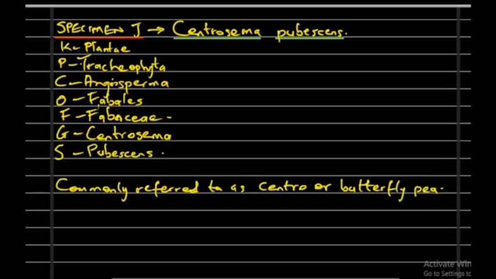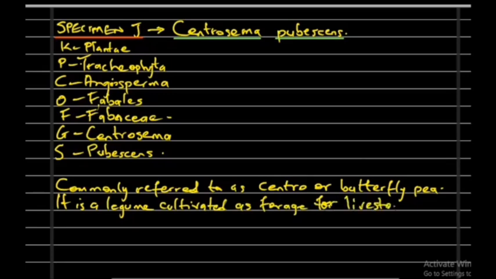Now, it is a legume which is cultivated as forage for livestock. That means animals feed on this particular thing.